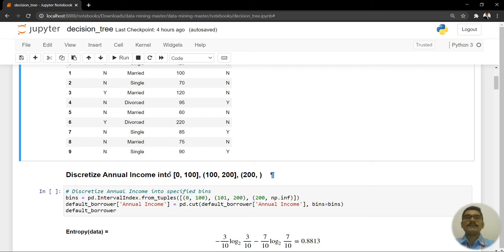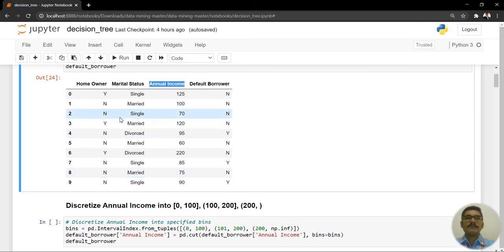For any decision tree you have to do two-way splits, because the minimum number of splits that any of these attributes can have is 2. If you look at homeowner itself, you have two values, yes and no. For marital status it is 3. Annual income gives you the liberty of going for a two-way split or a three-way split.